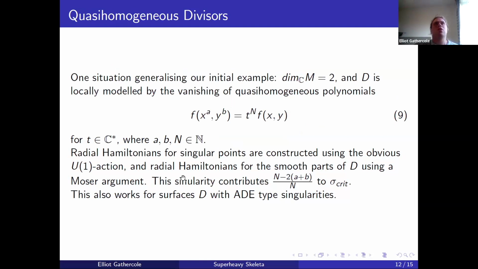So here we have one lower stratum which we're getting for free, and then we can construct the higher strata using a Moser-Klein type argument. And so, as well as when the divisor is some curves, this argument also applies to algebraic surfaces where the singular points are all of ADE type, because they can also be modeled by something that looks like this.